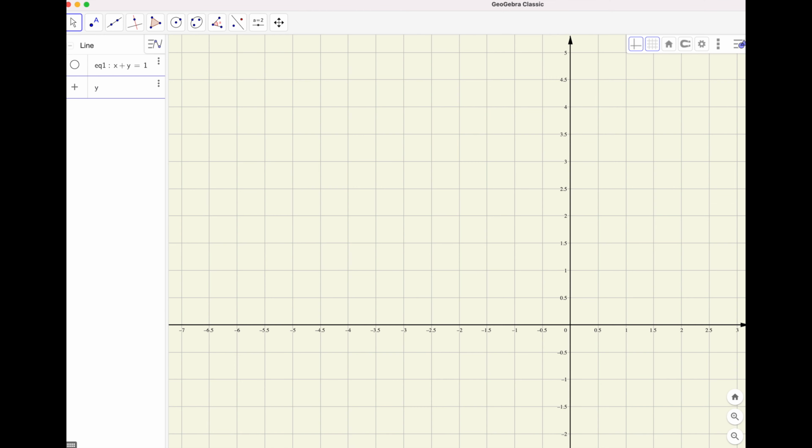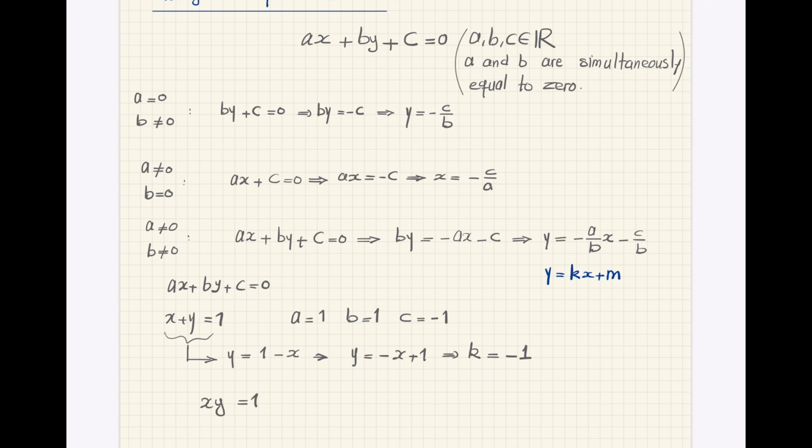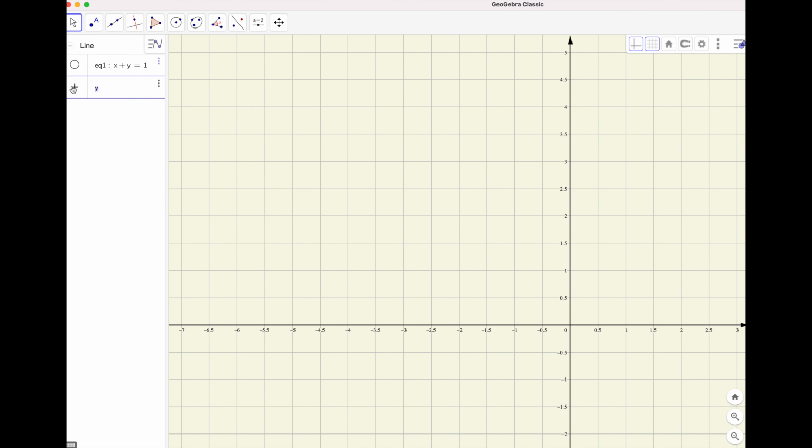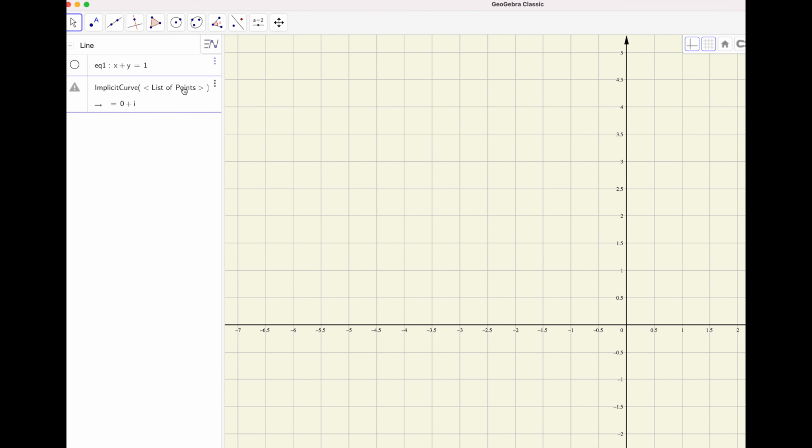But anyway, it's not hard for us to use GeoGebra somehow. This kind of graphing is called an implicit curve. This is a list of points, and I don't like it.